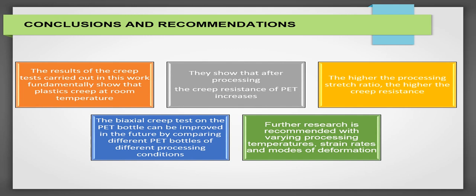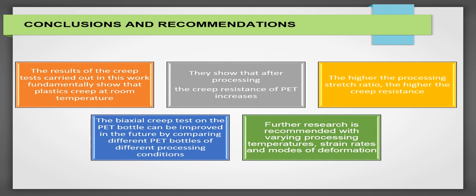The other test done was the biaxial creep test on a PET bottle, and it was observed that the PET bottle crept at room temperature in both the axial and the hoop directions. Furthermore, it was observed that the hoop strain was twice the axial strain throughout the duration of the experiment. This largely agreed with literature.